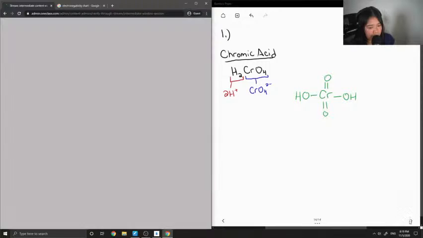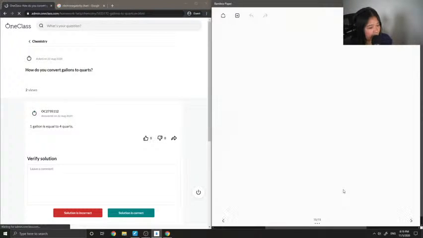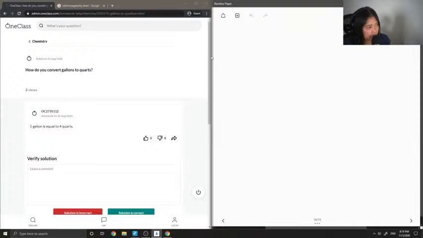Okay, so now let's move on to question number 2. Question number 2 is asking, how do you convert gallons to quarts? So first, let's recall the conversion factor. 1 gallon is equal to 4 quarts.